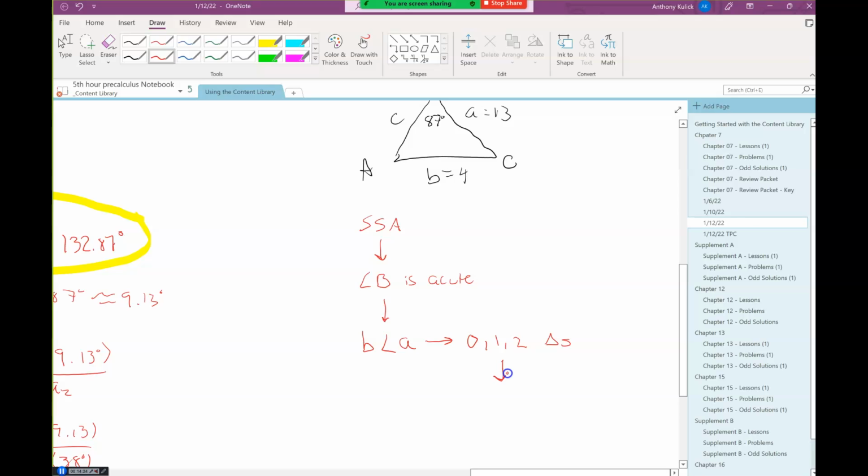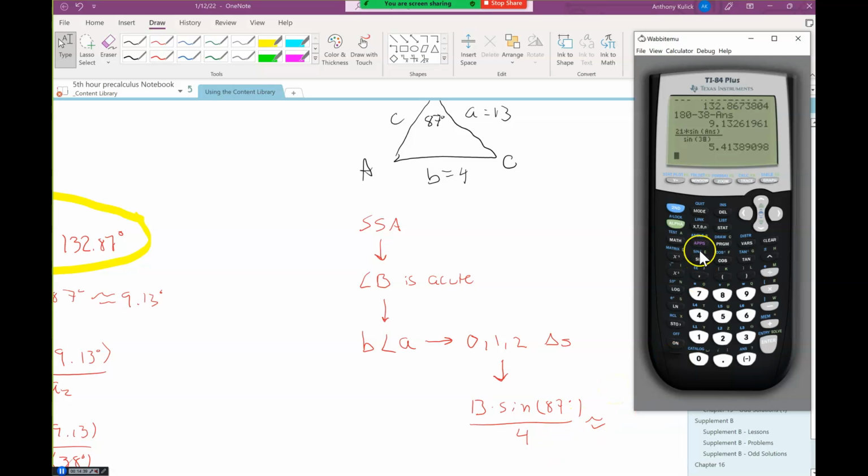To check which situation we're in here, we do the longer side times sine of the given angle divided by the shorter side. And that number is going to tell us what is going on. So 13 times sine 87 divided by 4. I get about 3.25 there.